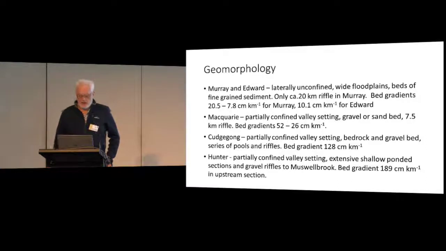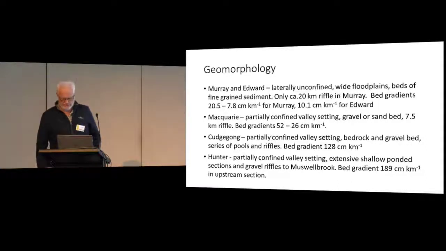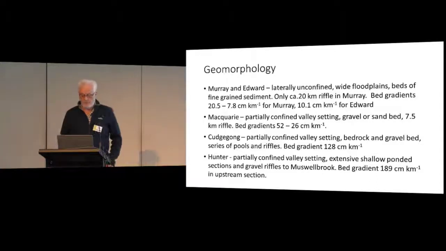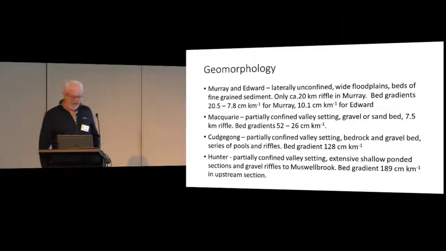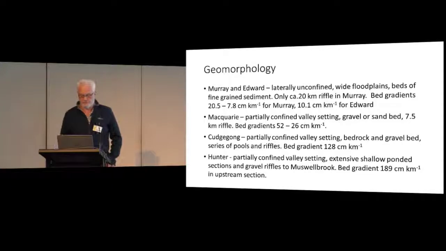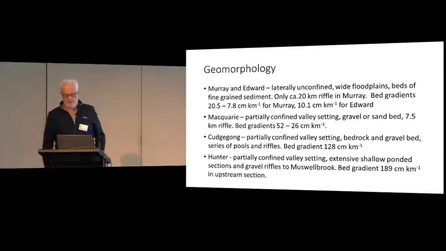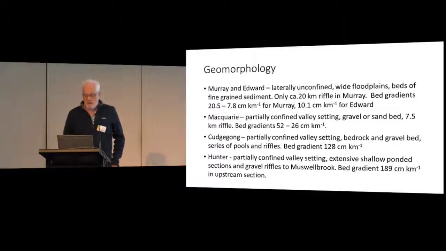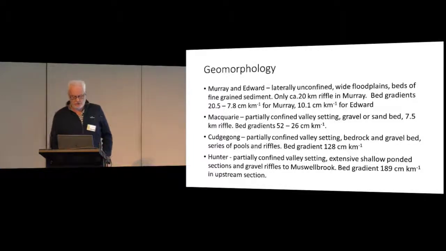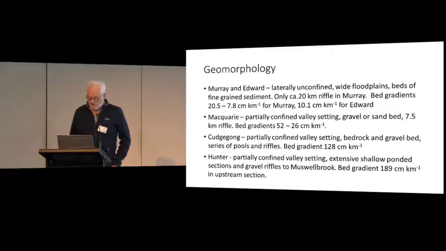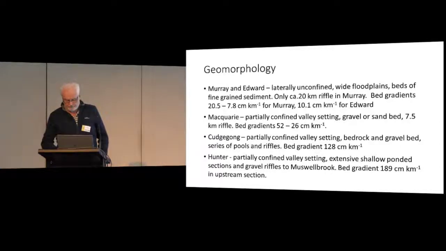The Cudgegong and the Hunter rivers were also partially confined in the valley setting, but had bedrock and gravel beds and generally formed series of pools and riffles. And the bed gradient in the Cudgegong over the study area was about 128 centimetres per kilometre, and the Hunter was even steeper, with a bed gradient of 190 centimetres per kilometre in the upstream section.